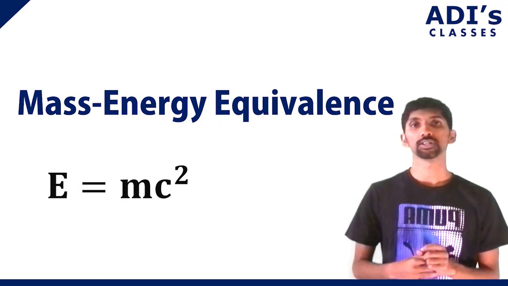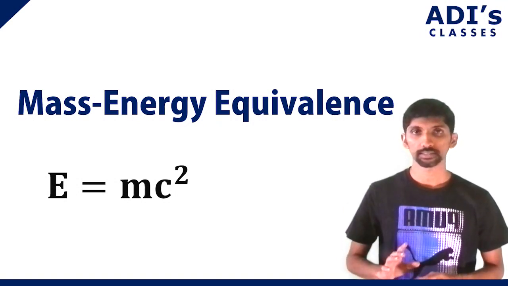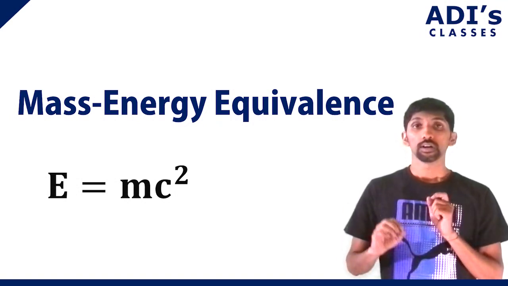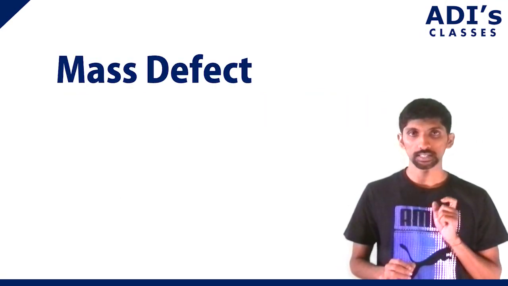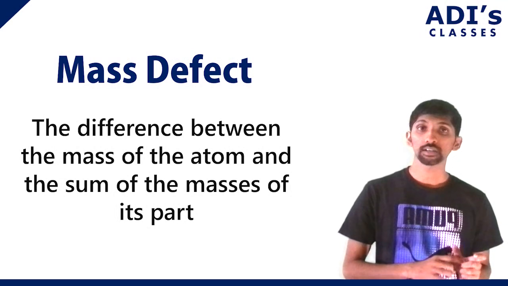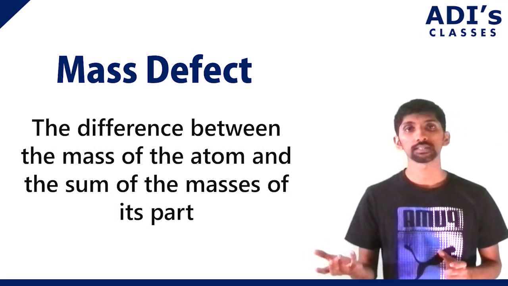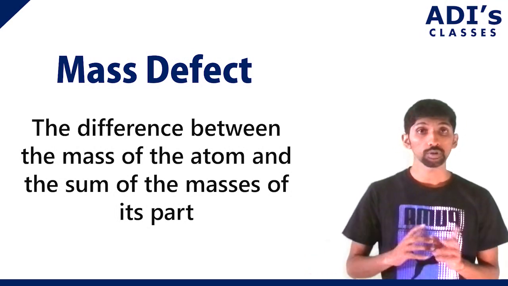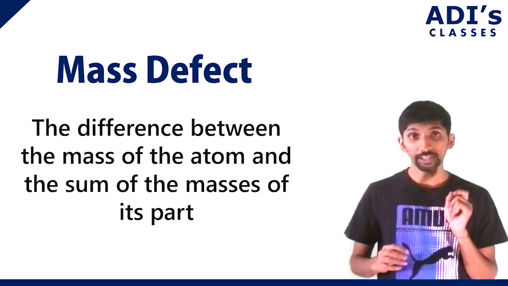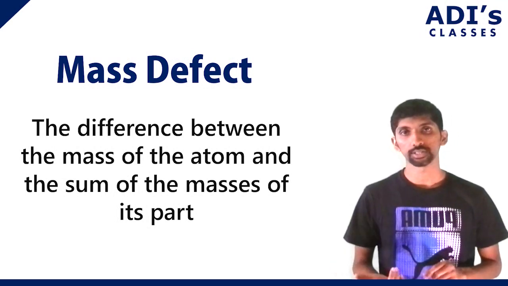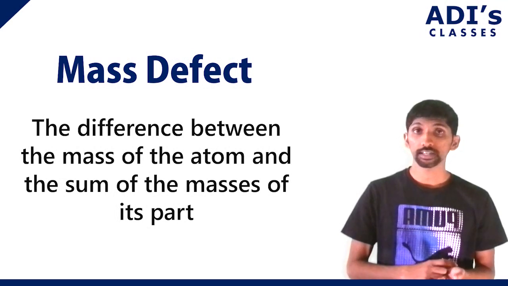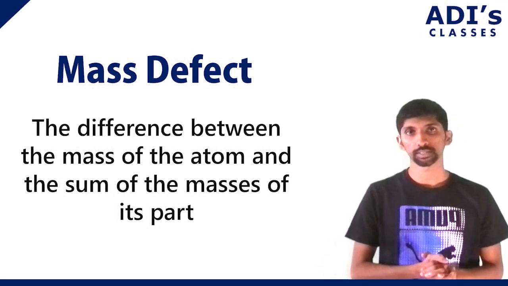This gives us the relation between energy and mass. When any nuclear reaction happens, there is something called mass defect. The initial mass of the particles and the final mass of the particles won't be the same; there will be a defect in the mass. That mass defect gets converted into energy. How much energy is created is given by E equals mc squared.